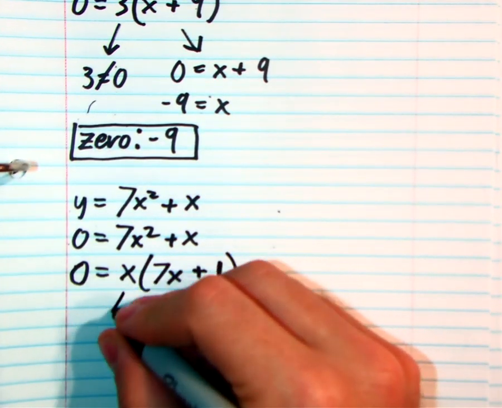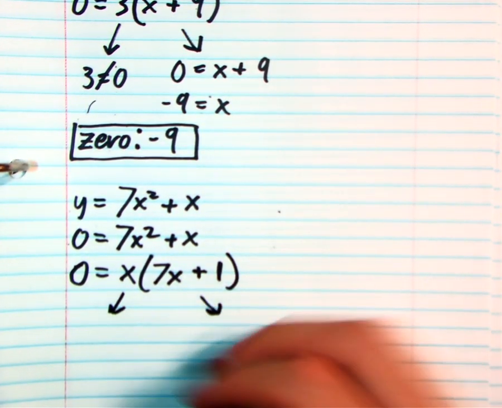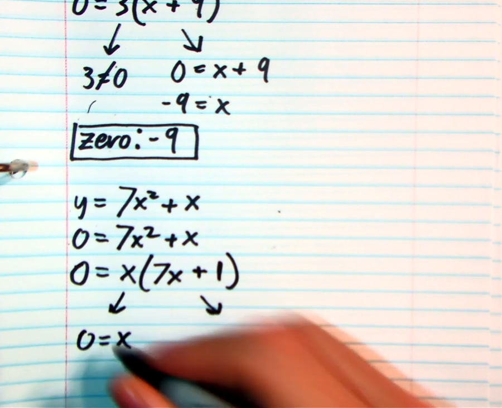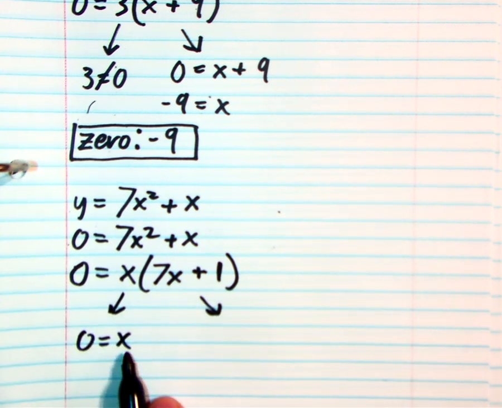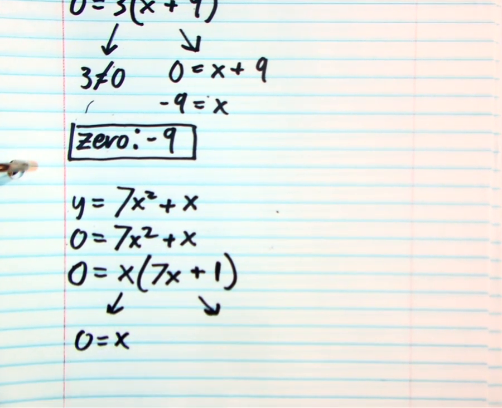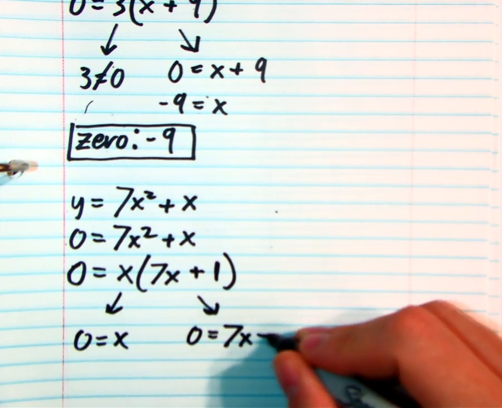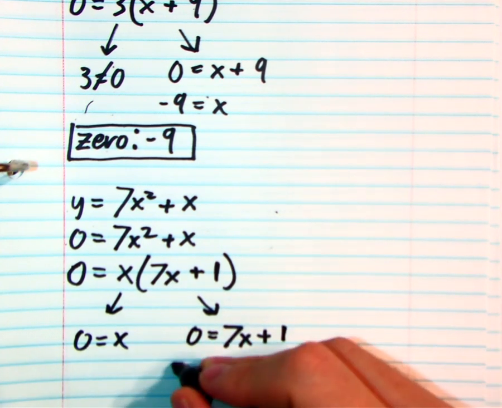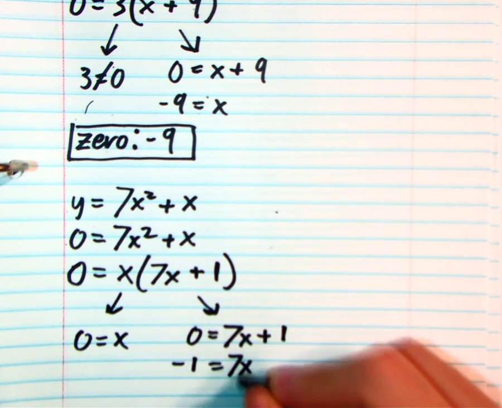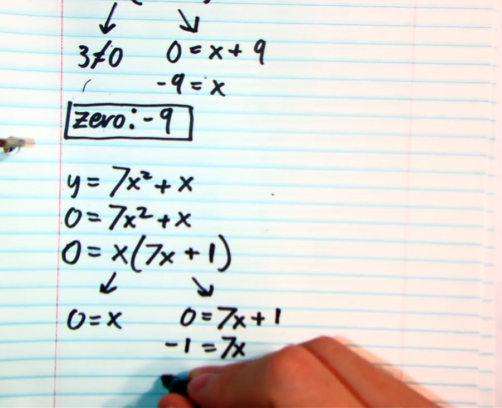Now I'll set both factors equal to 0. And I already solved this one because this just says x is equal to 0. I'm going to set my other factor equal to 0. I can subtract 1 from both sides, and I can divide by 7.